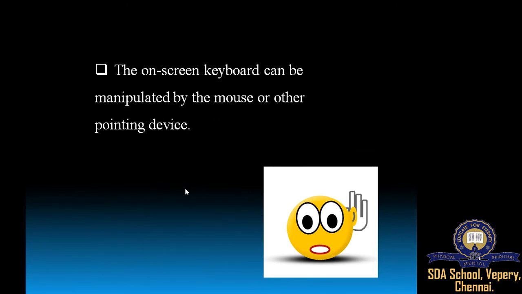The on-screen keyboard can be manipulated by the mouse or other pointing device. The on-screen keyboard, or virtual keyboard, can be worked by the mouse. The mouse is an input device, as is any other pointing device, but we do not touch the keyboard while using the on-screen keyboard.